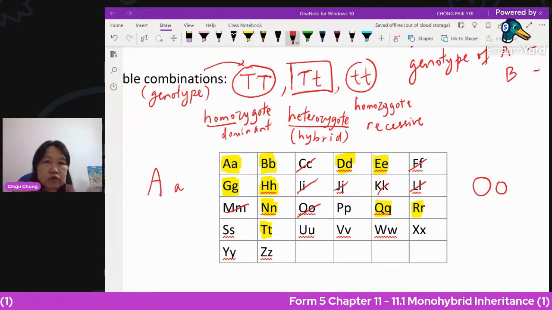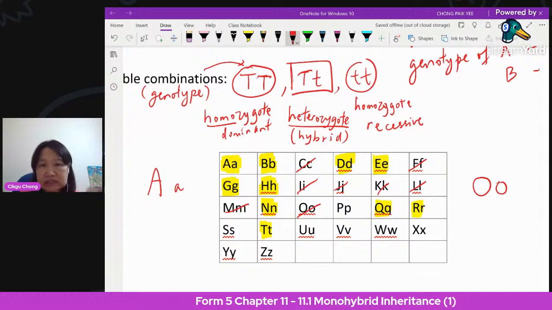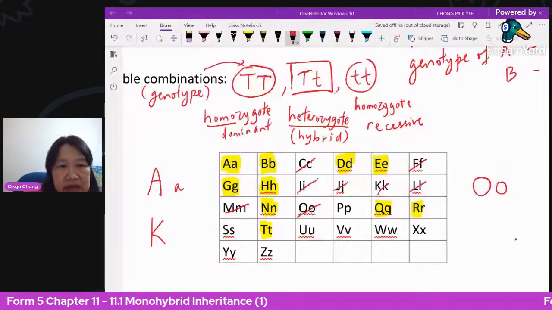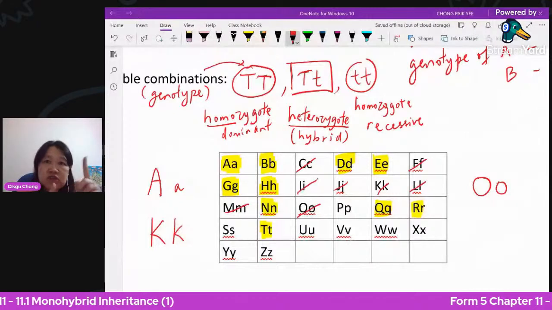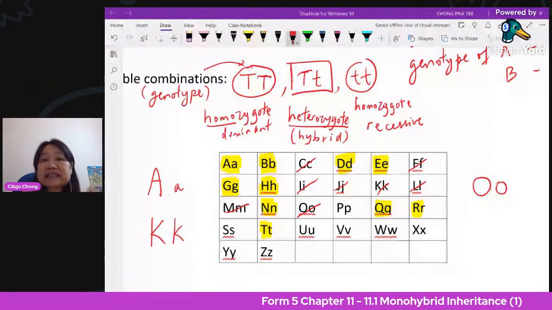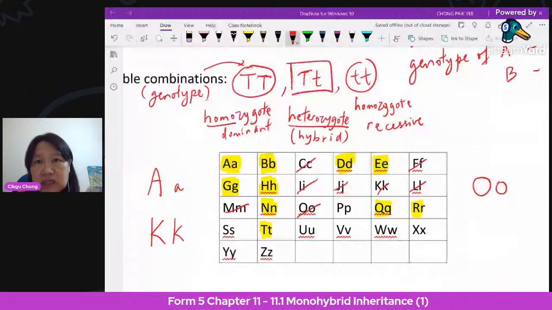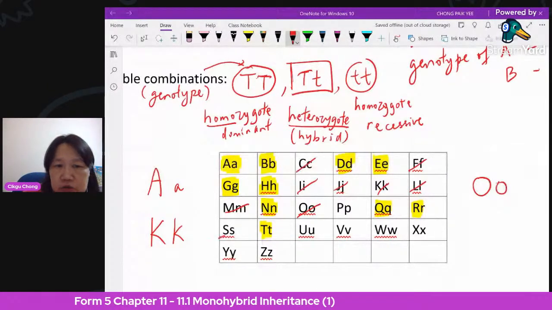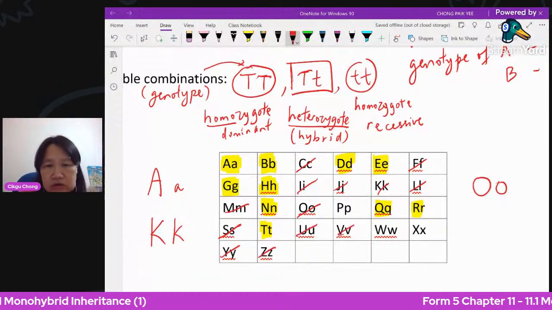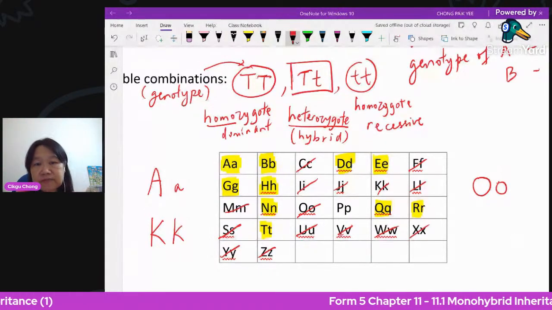There's no way of both looking the same. But for K, depending on how long your line is, the capital K and the small K look the same. So you can write wrongly, or the examiner might read your answer wrongly. S looks the same, Y looks the same, Z, don't use all this. You are putting yourself in danger if you do.